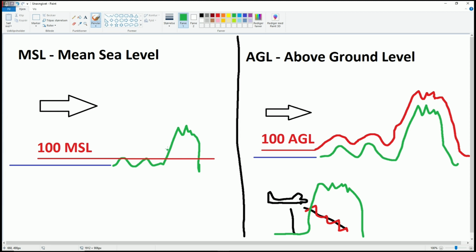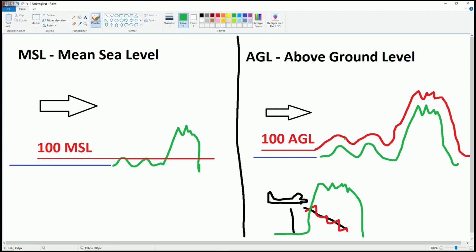Below 200, let's say 100 meters in a Russian aircraft, or 100 feet in a Western aircraft, the altitude does not matter. Let's say you come at 100 AGL above water, because it is actively measured. It is your actual height above ground level.